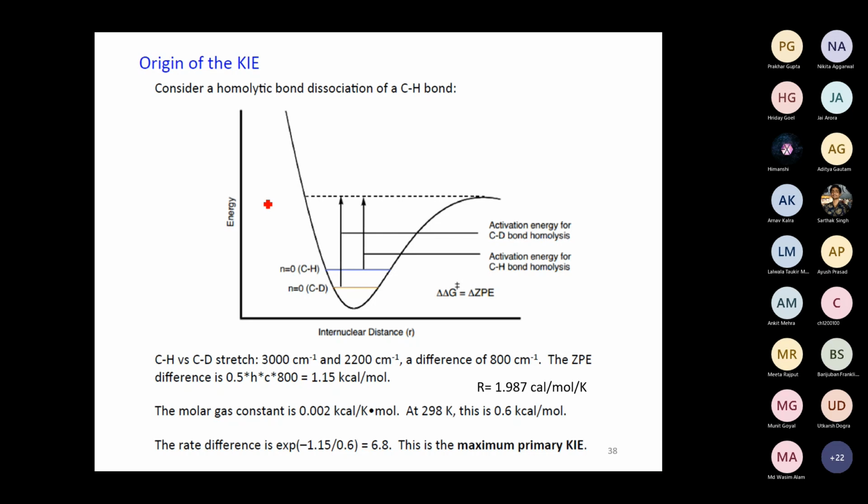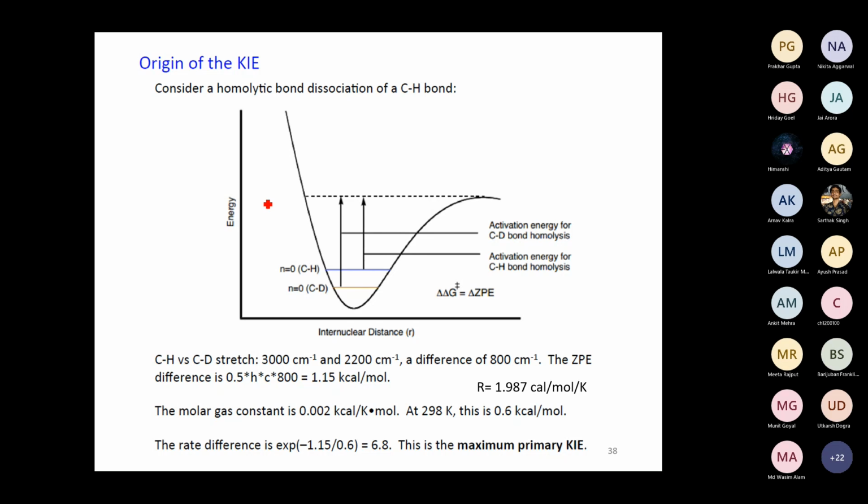But if the CH or CD bond is being broken in the rate determining step, then on replacing hydrogen with deuterium your rate constant will change and you will get a different value of kH by kD rather than 1.